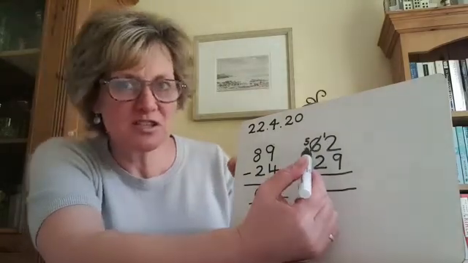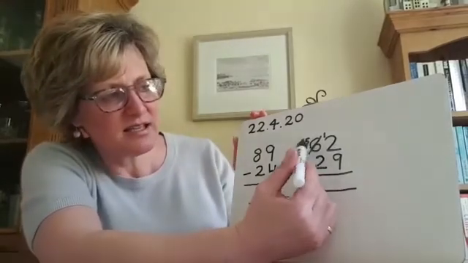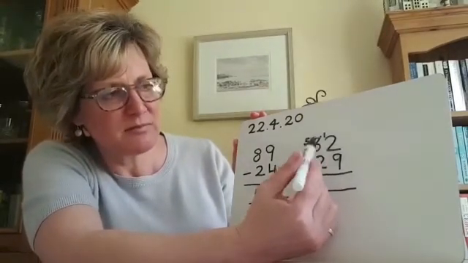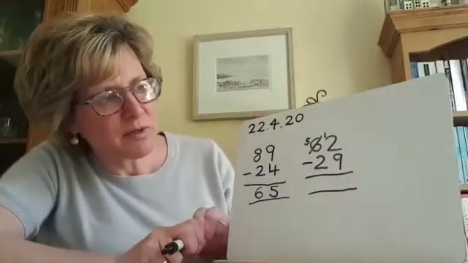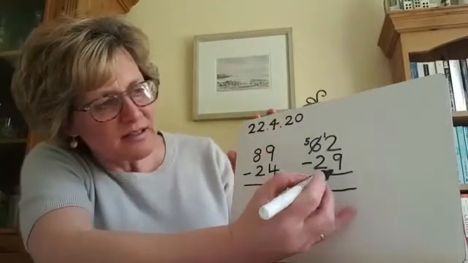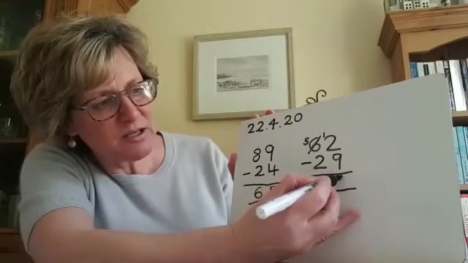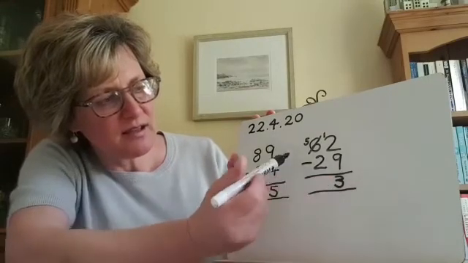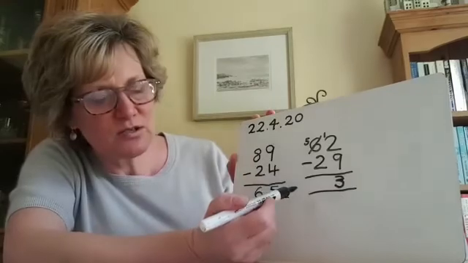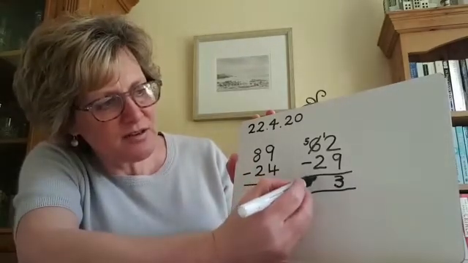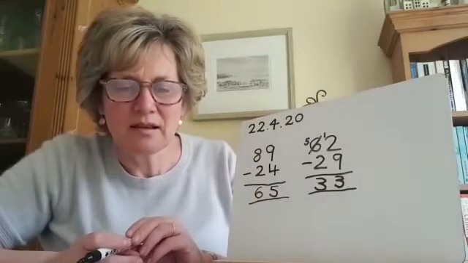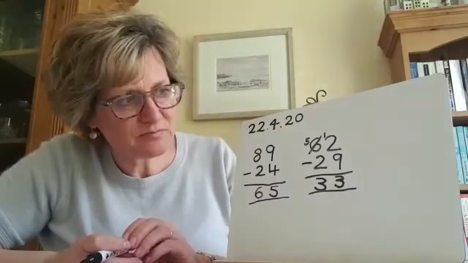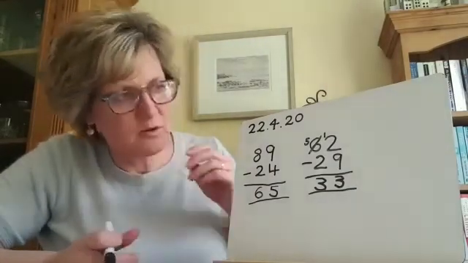So we just partitioned the 6 10s into 5 10s and 1. We spread them out differently so that we can now answer in the units column. So 12 take away 9, we can now do easily as 3. And then 5 10s take away 2 10s makes 3 10s, giving us our final answer for that sum as 33.